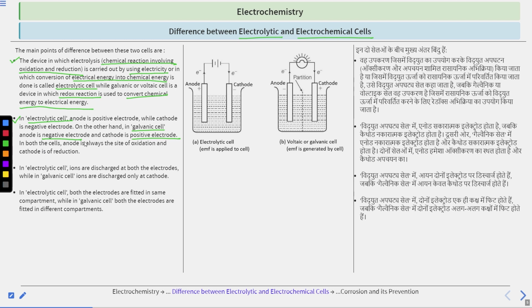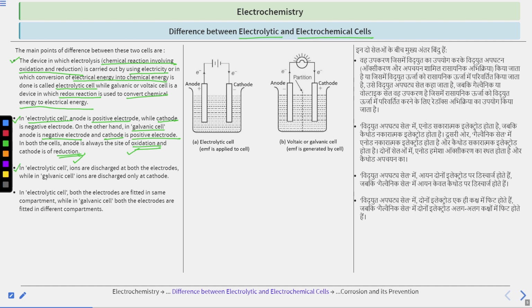In both cells, the anode is always the site of oxidation and the cathode is always the site of reduction. In the electrolytic cell the negative electrode is the cathode and the positive electrode is the anode, while in the galvanic cell the negative electrode is the anode and the positive electrode is the cathode.